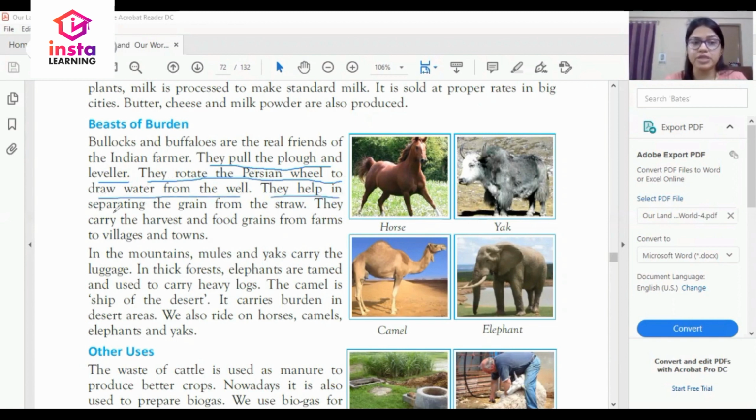They help in separating the grain from the straw. They carry the harvest and food grains from farms to villages and towns. In mountains, mules and yaks carry the luggage. In thick forests, elephants are tamed and carry heavy logs.